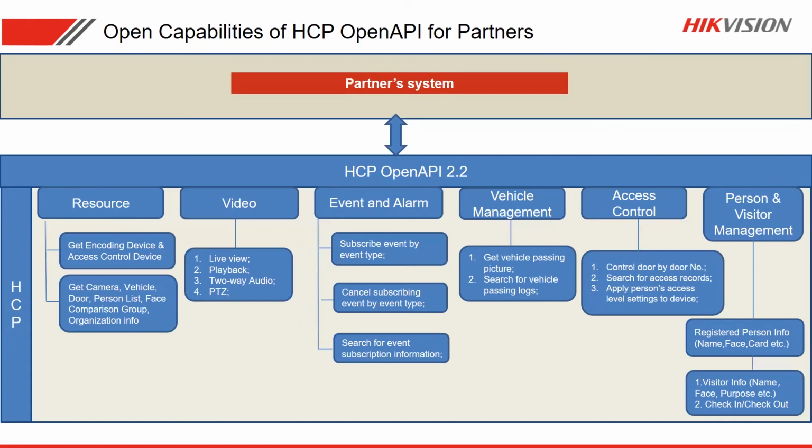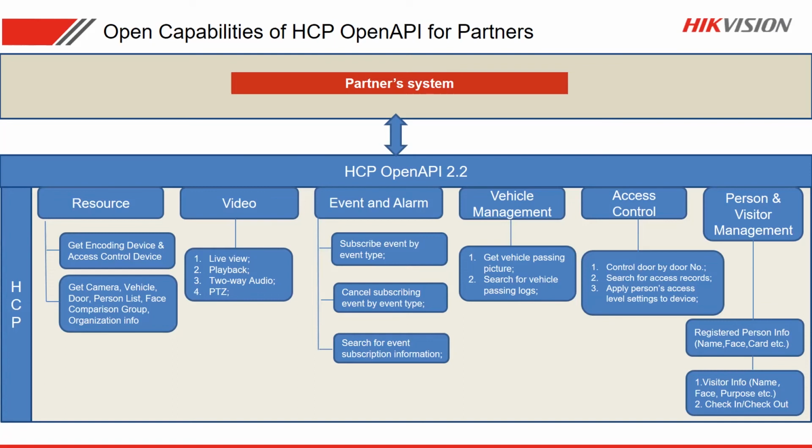First of all, you can get a resource. We provide a resource module, which means that you can get resource information over HTTP from the HikCentralPro software. For example, you can get how many encoding devices and access control devices have already been added to the software, and you can get the camera information and the door information.